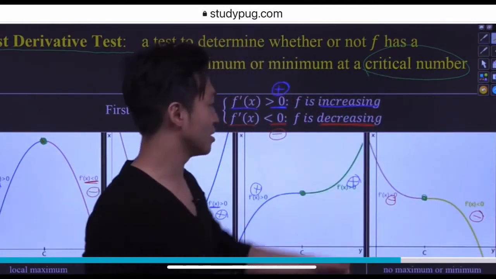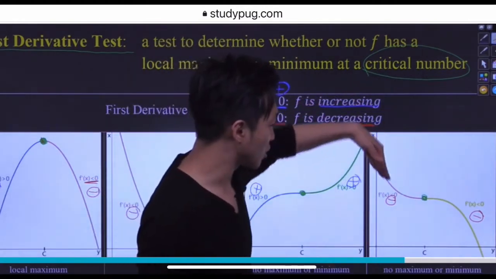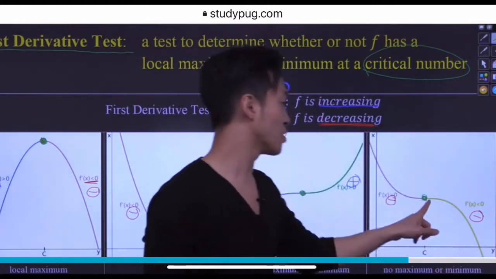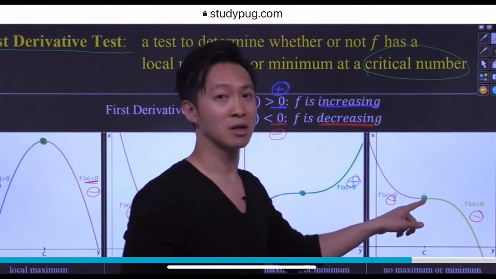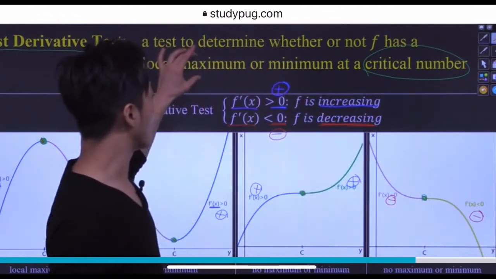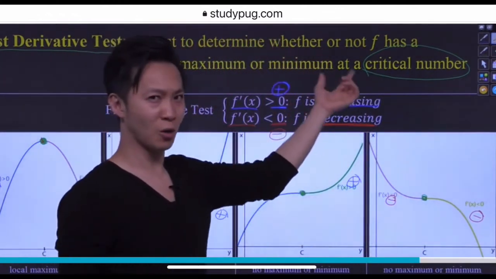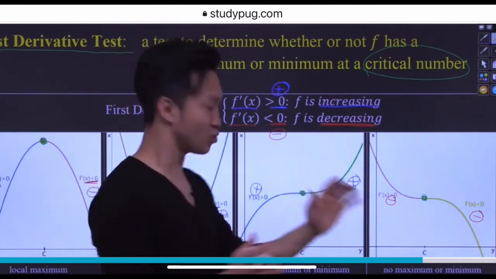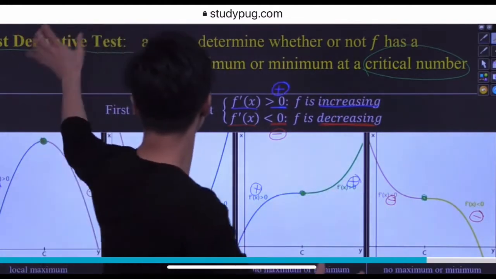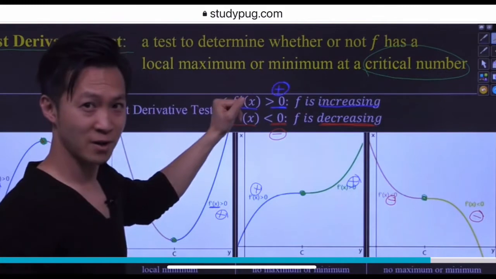So as you can see, if the graph of function goes from decreasing to decreasing, then the critical number is neither a local maximum nor a local minimum, right? So just visual intuition for the first derivative test, right?